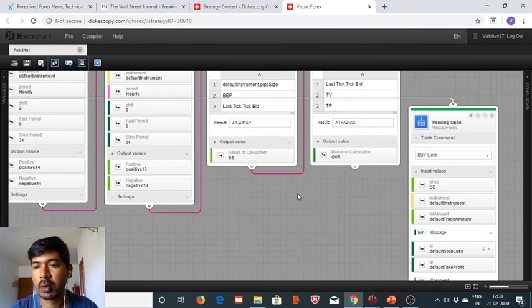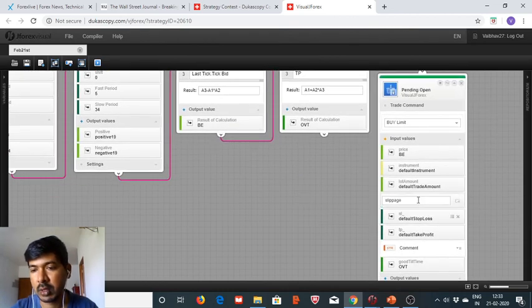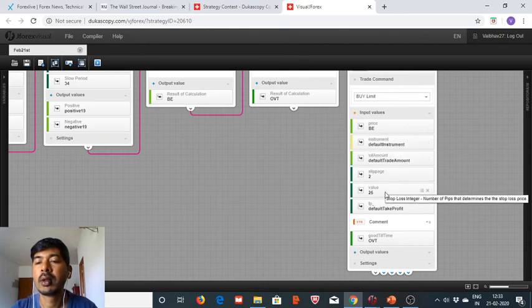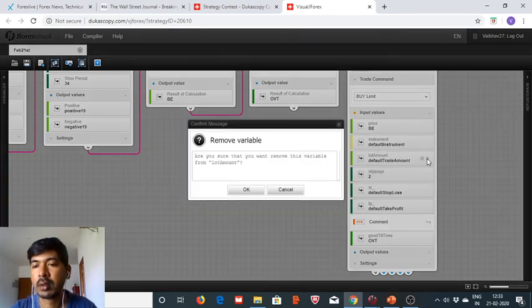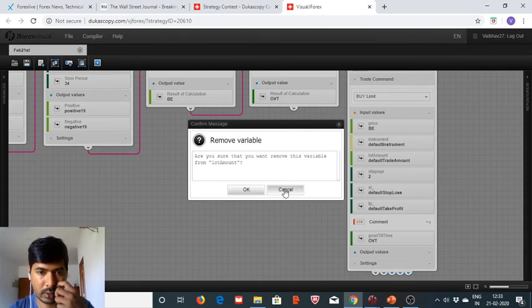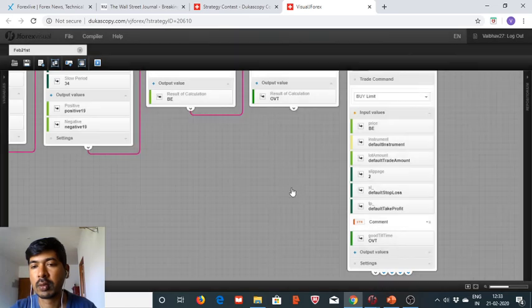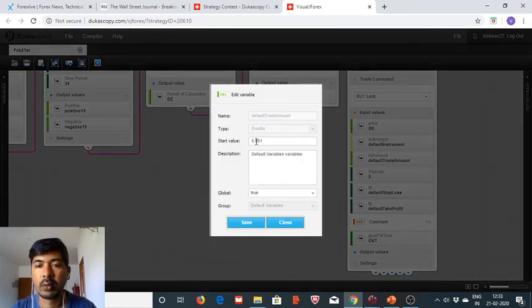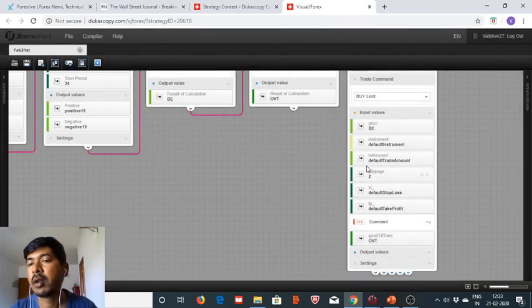So we have got slippage, we can assign it for 2 pips. It should be good enough. And now we will try to stick with the default here, and here we can change it to the 1 lakh. So what we do is we modify this to 0.1 million.